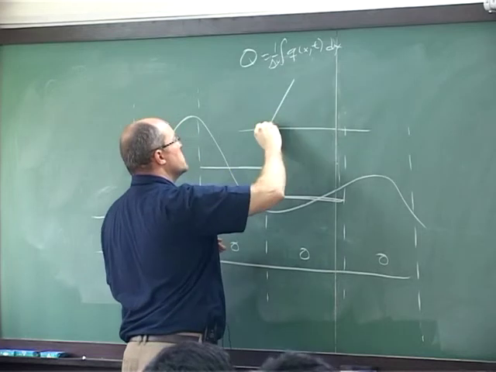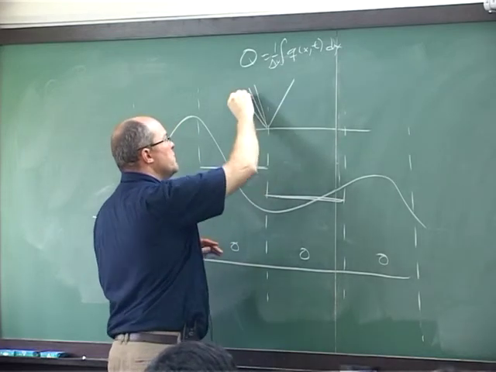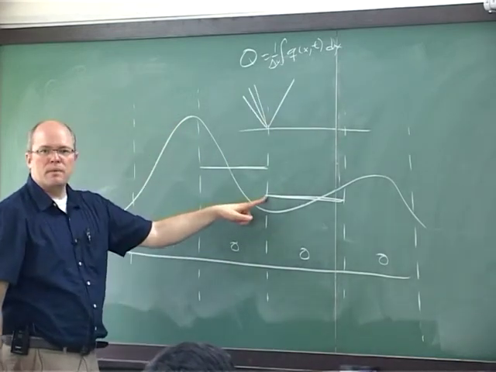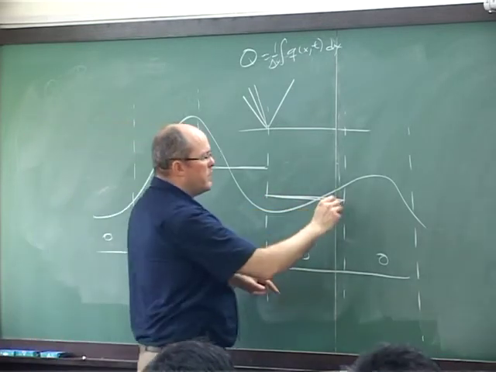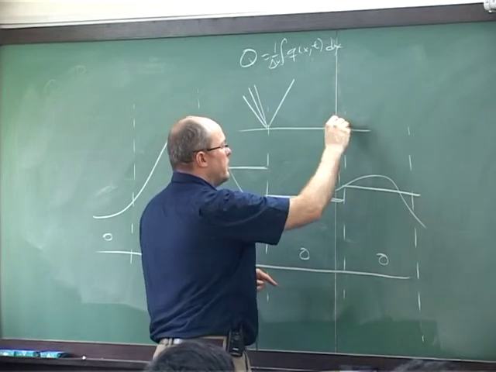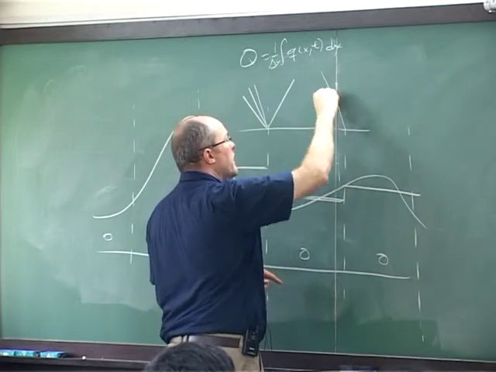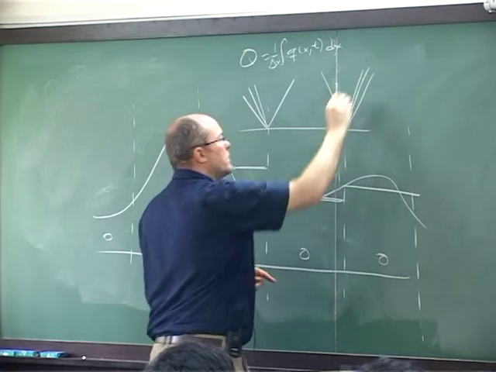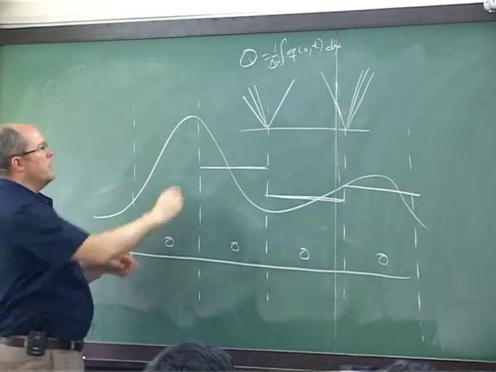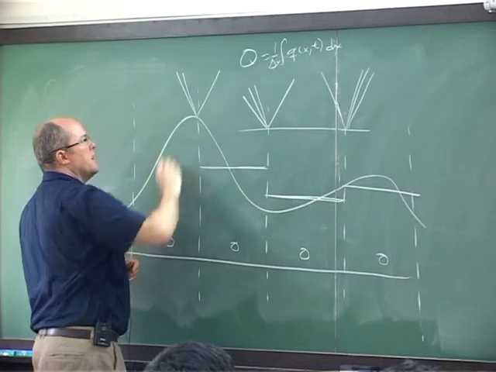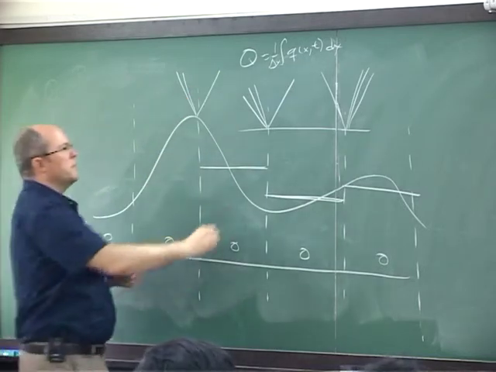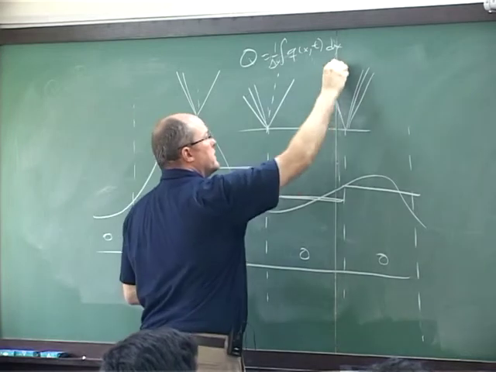I have a shock moving this way, maybe a rarefaction wave moving that way, emanating from the Riemann problem at this interface. And I have to do that at every point. So I have another Riemann problem over here, and I will again have maybe a shock going that way and a rarefaction fan going like that. And at every interface here, I'm going to have some type of a Riemann problem. And I also have this contact discontinuity perhaps in there like this.